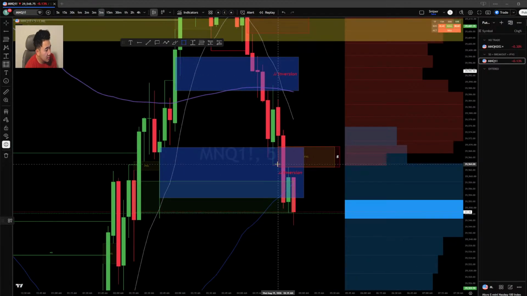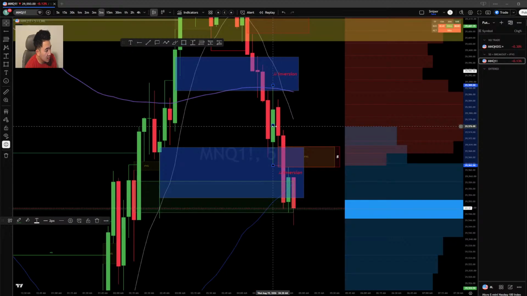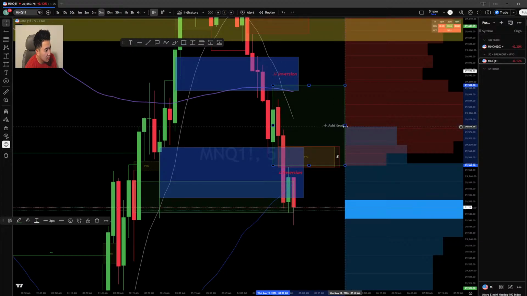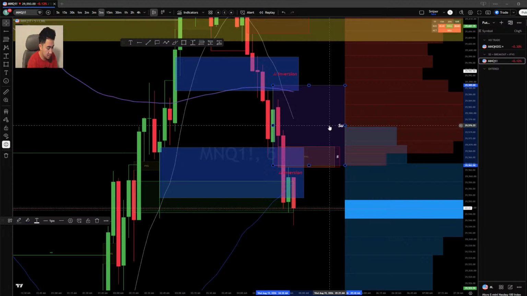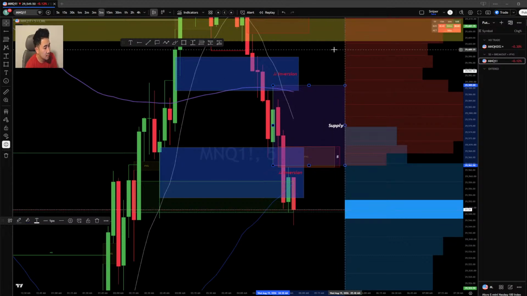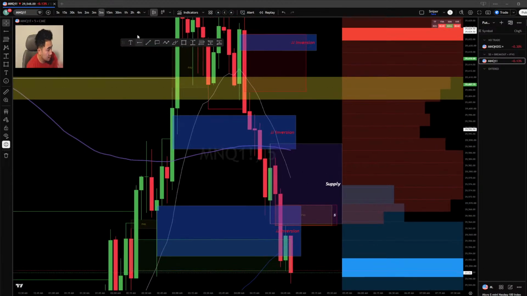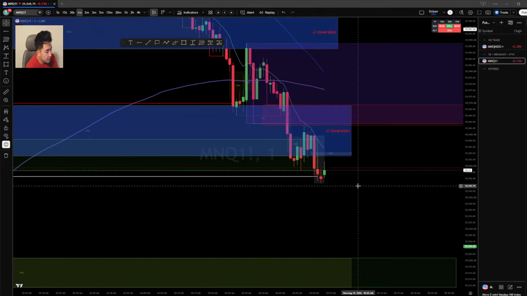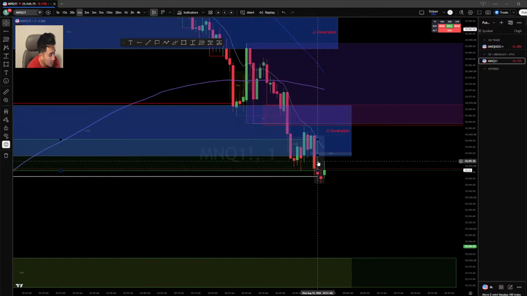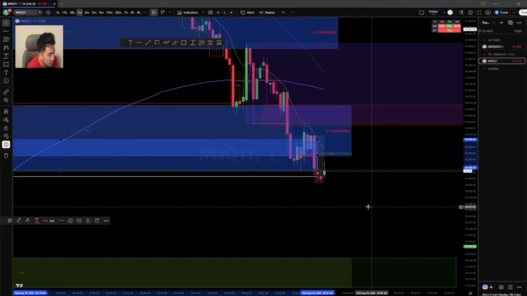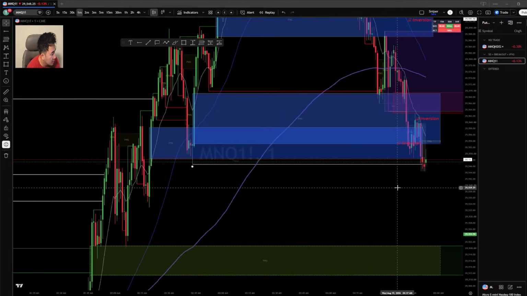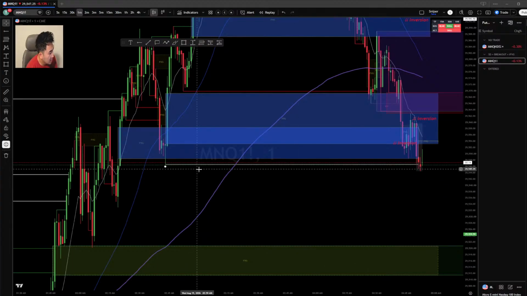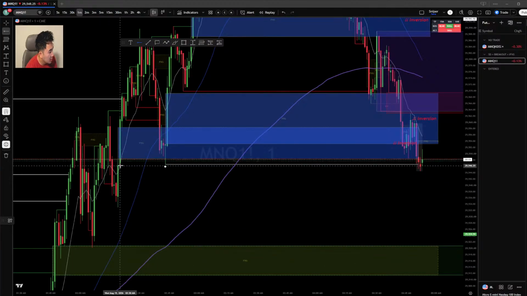Here we have a supply zone coming off this green candle. So it's 1 minute. Bearish inversion right now. Where's the candle low of this? Right here.